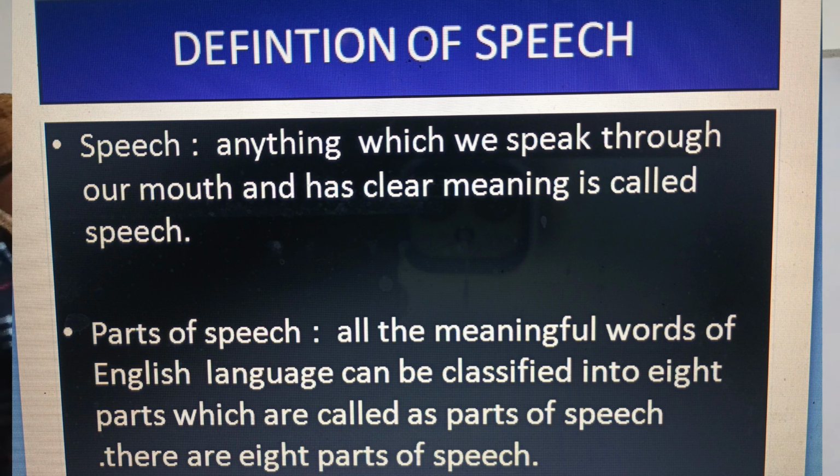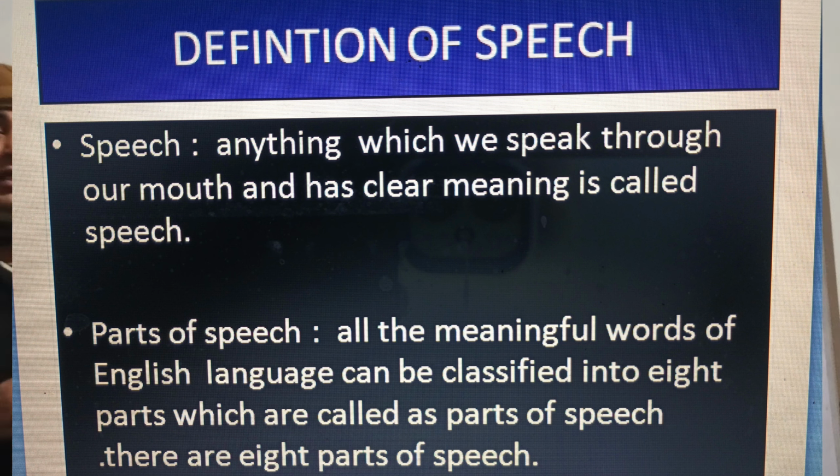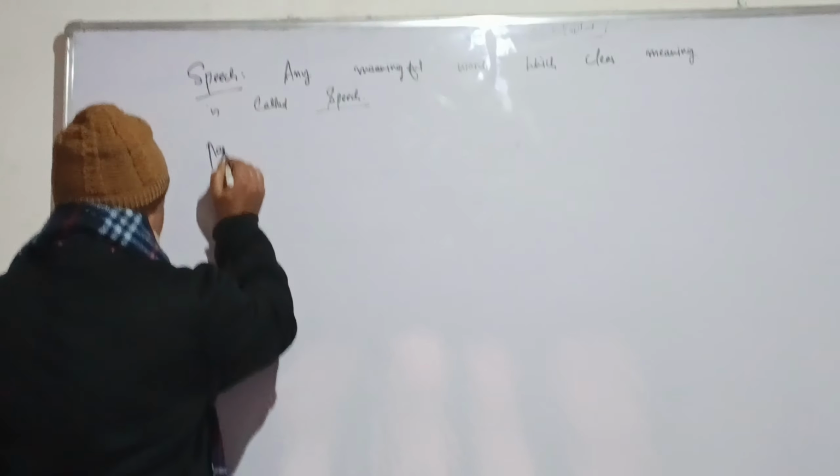And if you see, the speech is not defined in the grammar, but however, we can define the parts of speech in the English grammar. What do you mean by the parts of speech?